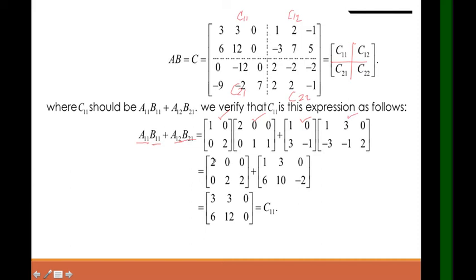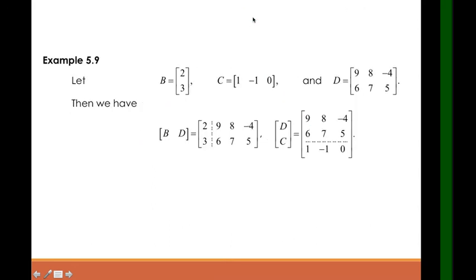Multiply them, you will get this product. And multiply these two matrices, you will get this product. Add the two, you will get this sum. And this sum is similar to C11 as mentioned.